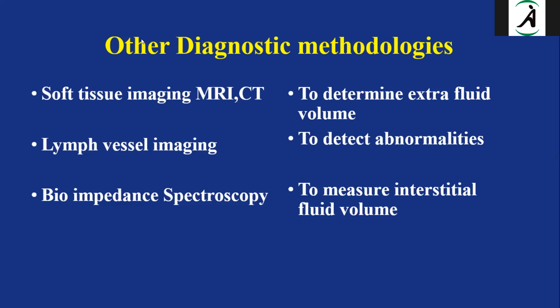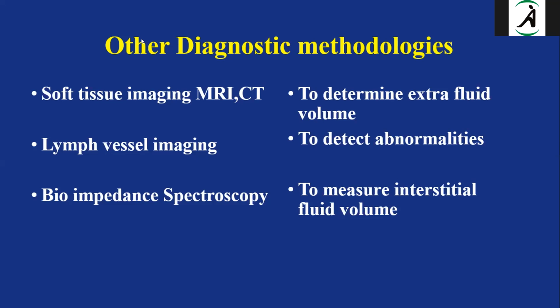So here in palliative care, we don't do all these things. We usually take a proper history and do the clinical examination. In case of primary lymphedema, if there are congenital abnormalities from birth itself, and we see edematous limbs, you can do all these things and detect whether the interstitial space has extra fluid volume or any abnormalities.